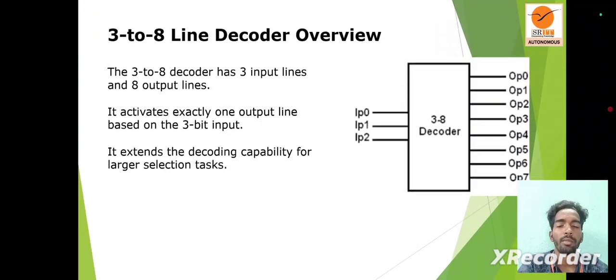And next, we see the 3-to-8 line decoder overview. The 3-to-8 decoder has 3 input lines and 8 output lines. It activates exactly one output line based on the 3-bit input. It extends the decoding capability for larger selection tasks. Here we see the logic diagram of the 3-to-8 line decoder.